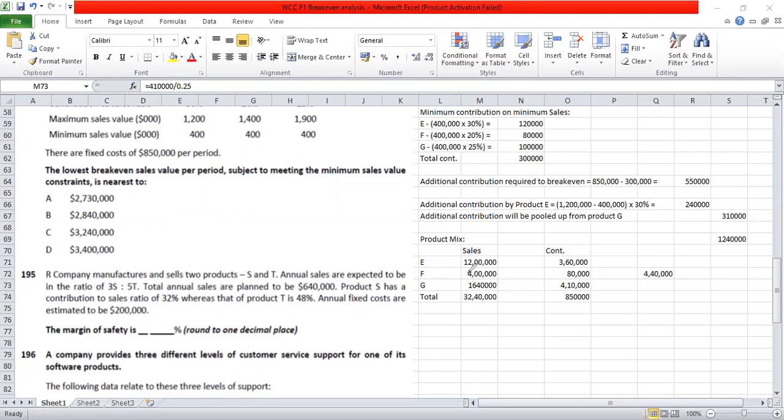Margin of safety percentage is margin of safety divided by the budgeted sales. Okay, margin of safety divided by the budgeted sales gives us, let's start writing. Question number 195.